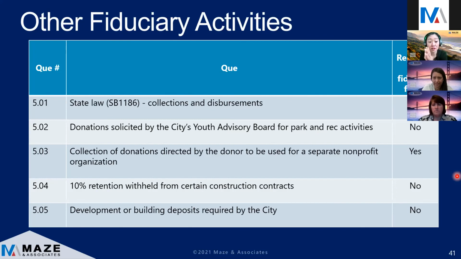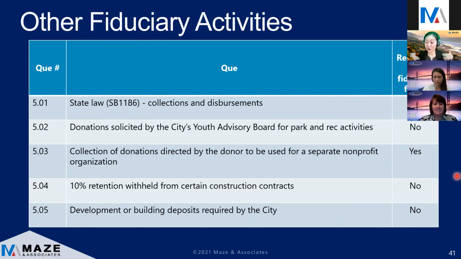I forgot to mention for the OPEB, if you recall, a couple of years ago when GASB, is it 73, Amy? I forgot which GASB. Plans with no assets? No, wait, 74. That's right.